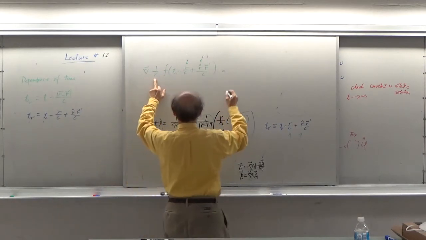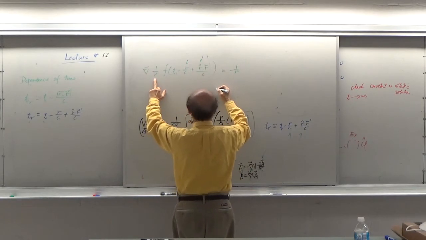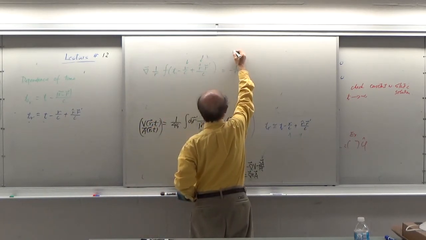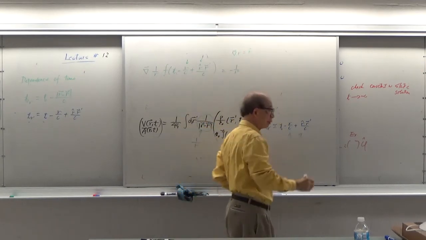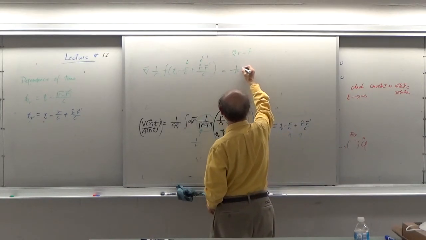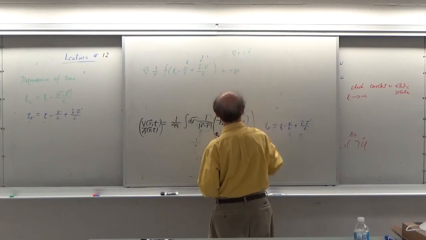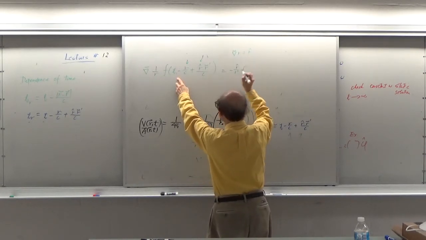Of course, that will give us 1 over r squared. Then I have the gradient acting on r, which is nothing but the unit vector along r, r hat, times f.